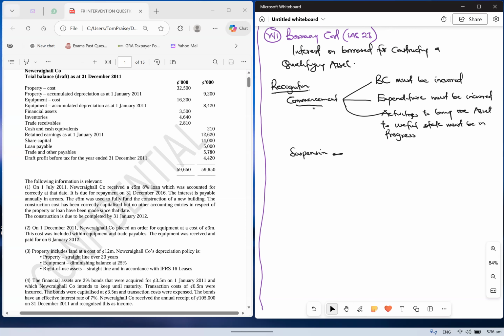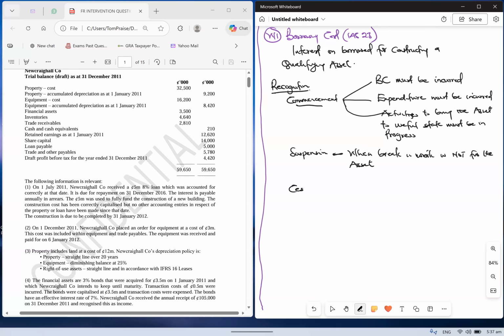So when any break in work is not for the asset, we suspend. And I'll go deeper into this shortly.